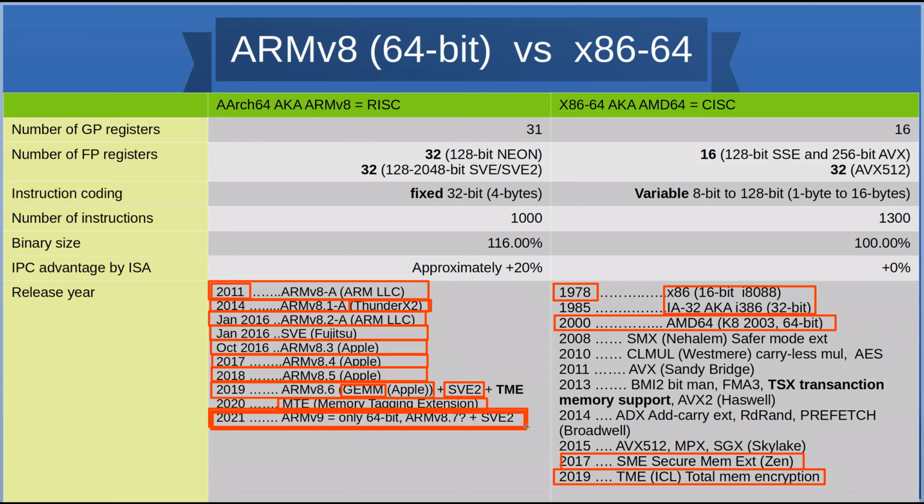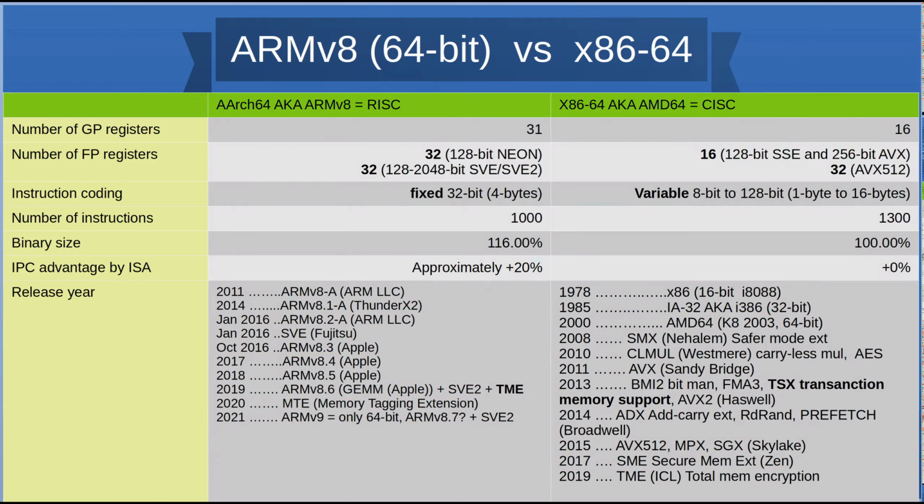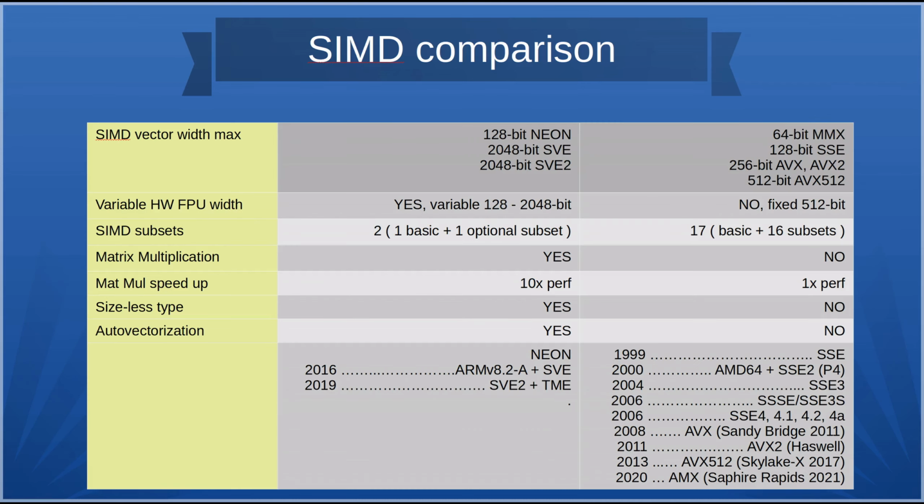This is really needed to know before we go for the floating point comparison, because there are huge things in the floating point. So now let's compare the floating point and the single instruction multiple data. It's not only floating point, because these SIMD units can also run the integer vectors.